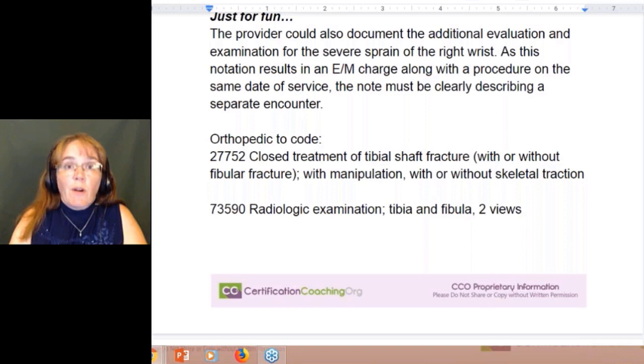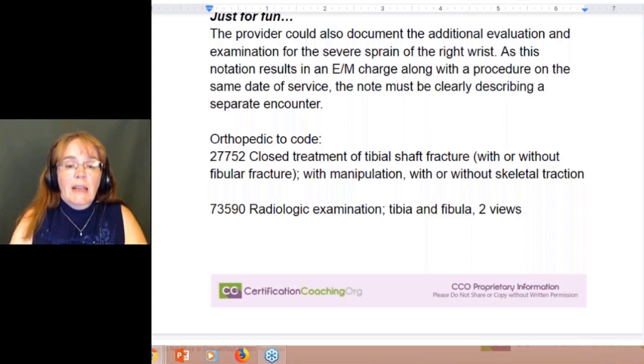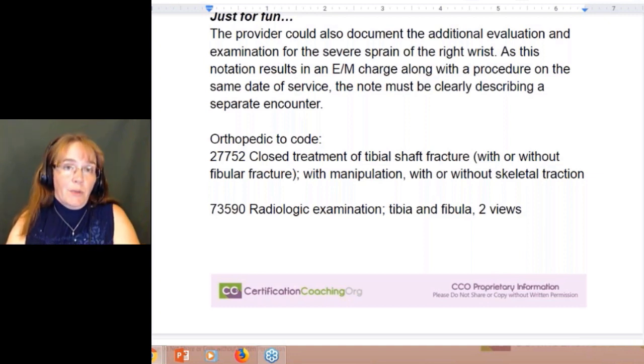But there's something wrong with the wrist as well. Well, we need to do an examination there. We need to make a medical decision making regarding the wrist too. So they would most likely be documenting a separate E&M charge. It's on the same date. So we have an E&M on the same date as a procedure.